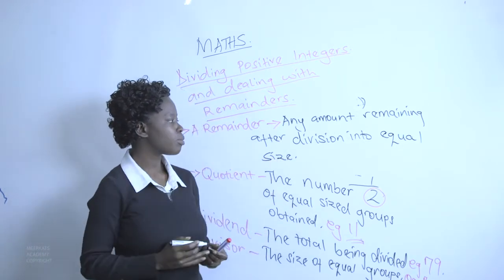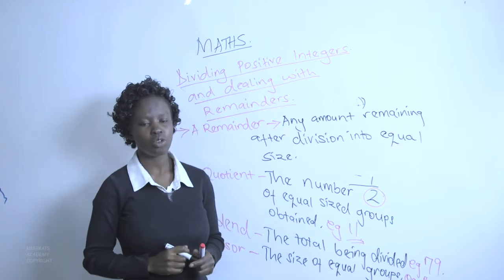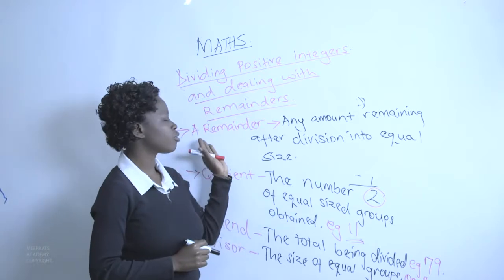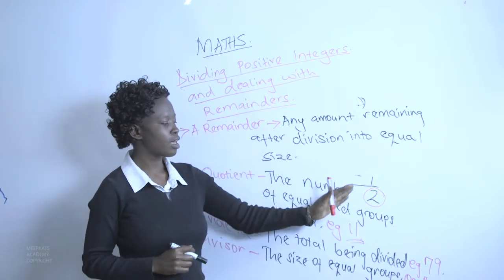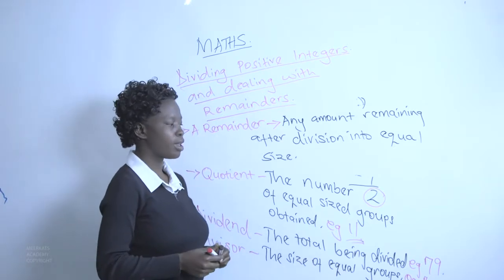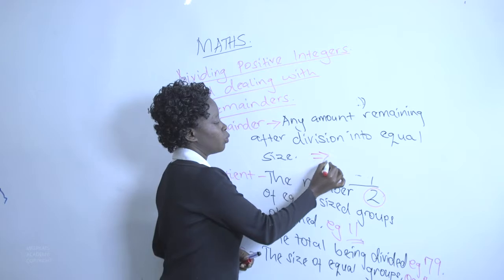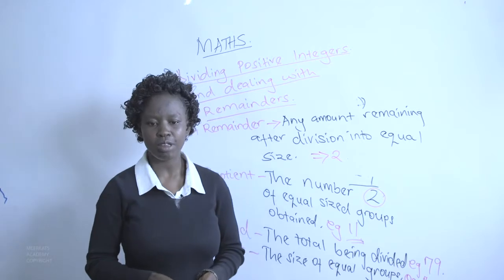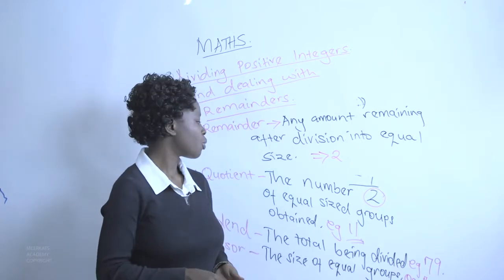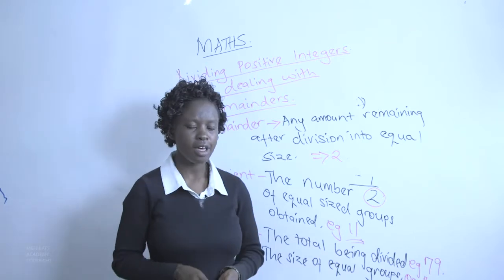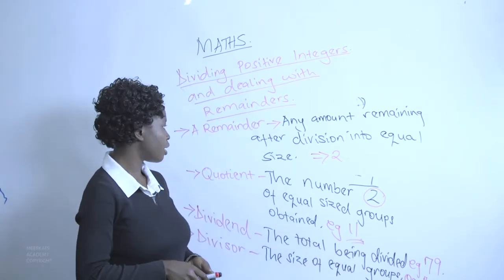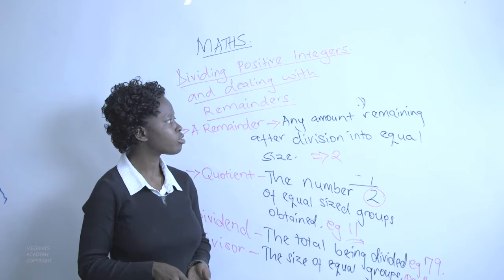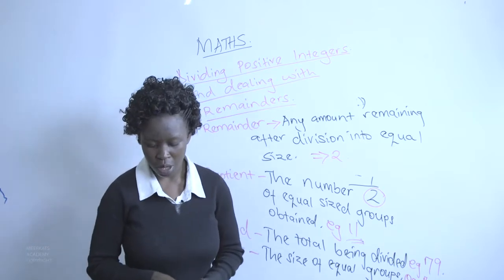So any amount that is remaining after division into equal sizes is referred to as a remainder. In the example that we've been handling, our remainder is 2. So those are some of the terms that are used in the division process. We have a quotient, a dividend, a divisor, and a remainder. Those are the terms that will be used throughout the division process.